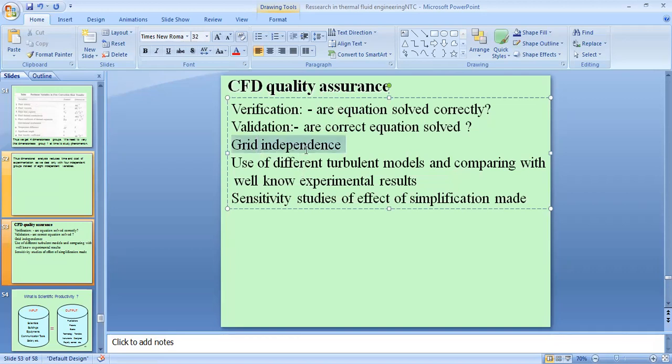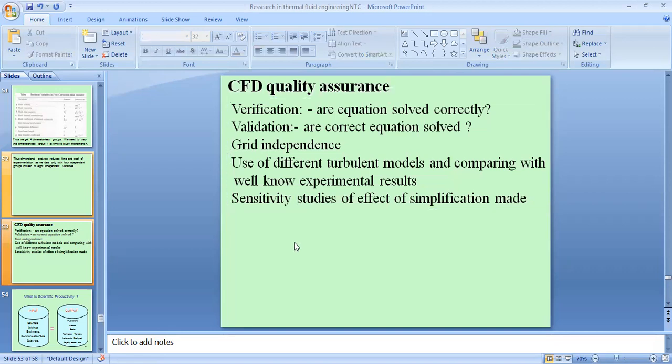Then we see the gradient dependence, the number of cells we have taken, we check with different turbulence models, and we do sensitivity analysis. Like this we do for numerical study. I will give an example of CFD, but something similar will apply in your case.